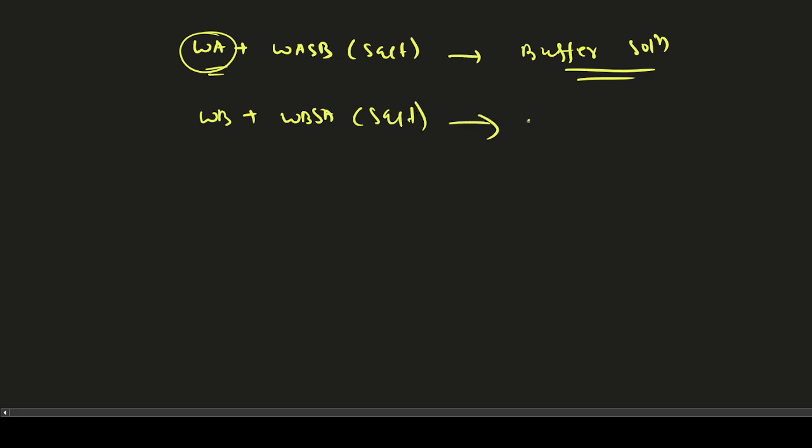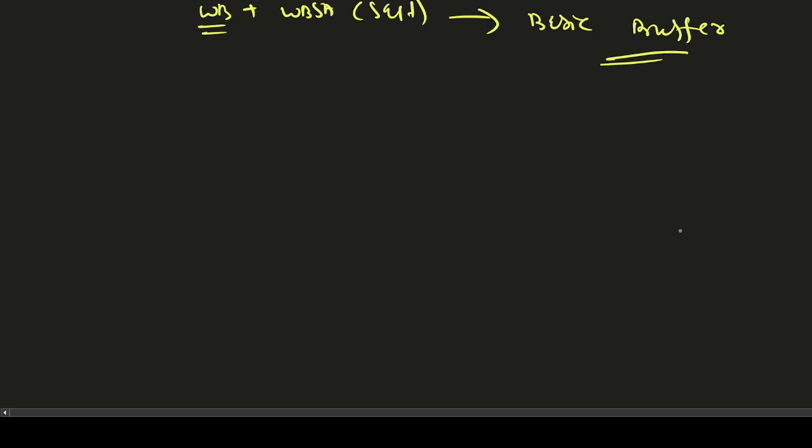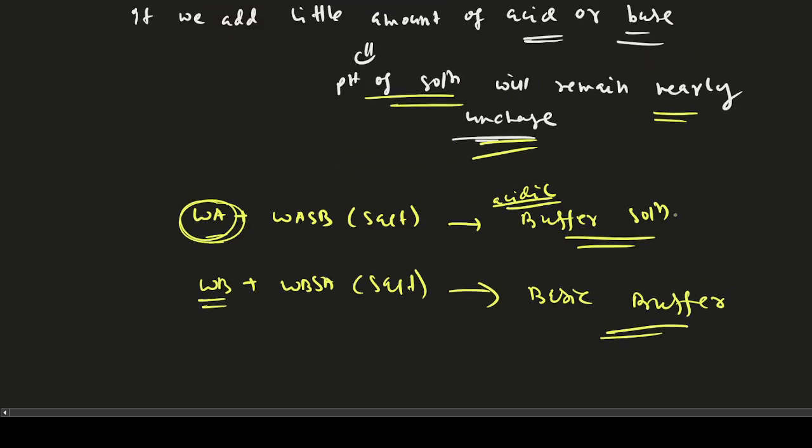The solution is not basic or acidic itself, but we call it a basic buffer because we use the weak component as basic, and acidic buffer because we use the weak component as acid. So buffer means that the pH of that solution will remain nearly unchanged.